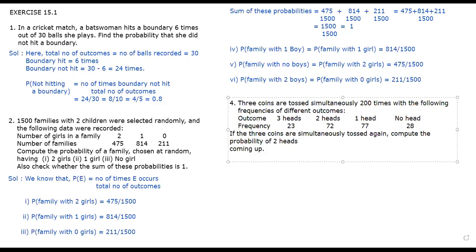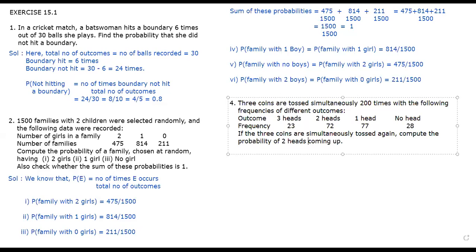Exactly. So when they are saying 2 heads, it means indirectly they are telling us that 2 times head and 1 time tail, because the number of coins tossed are 3. Can you check that? Yes, sir.